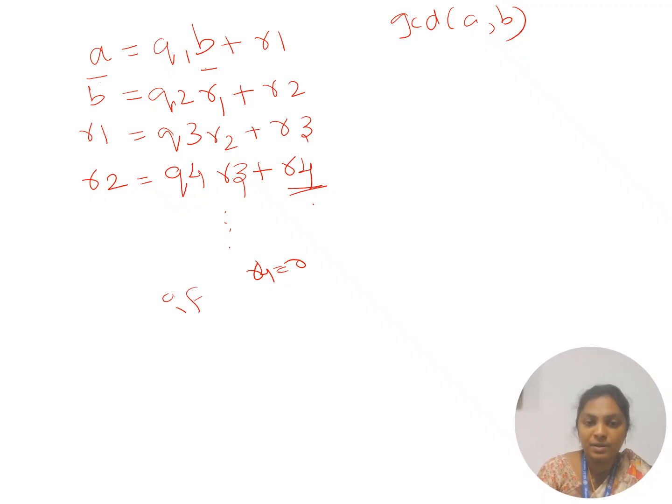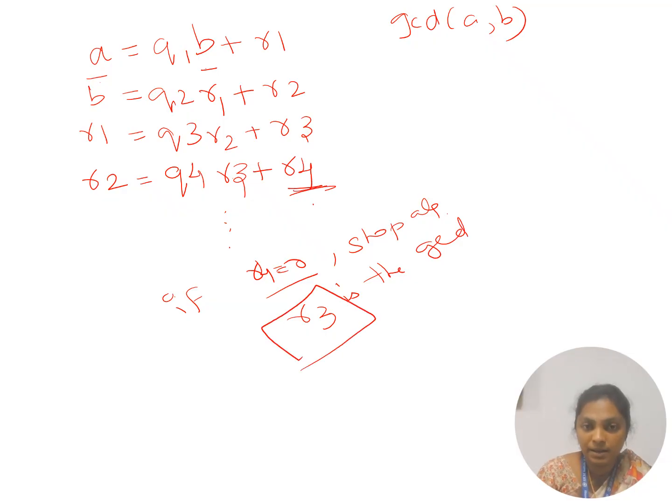If R4 is 0, then stop the algorithm. In this case, R3 is the GCD. So stop the algorithm when you get the remainder as 0 and your divisor is the GCD of the given two elements. So this is how the Euclid algorithm works. Stay tuned for more examples.